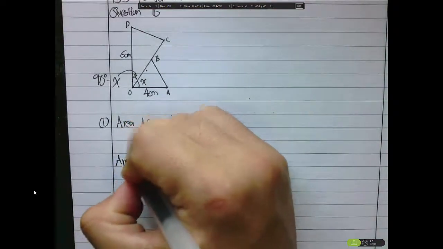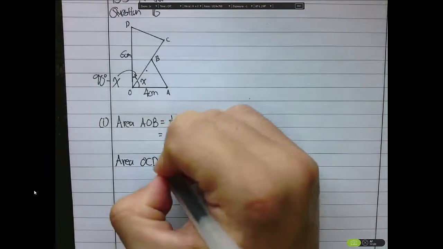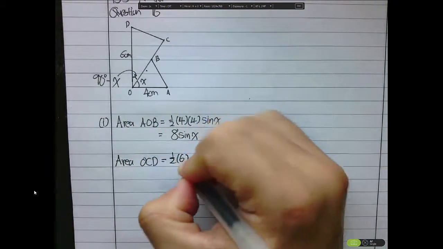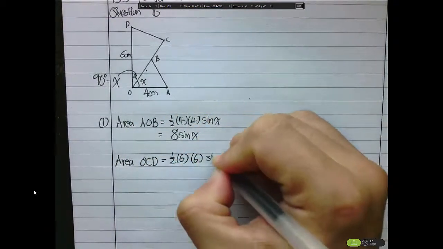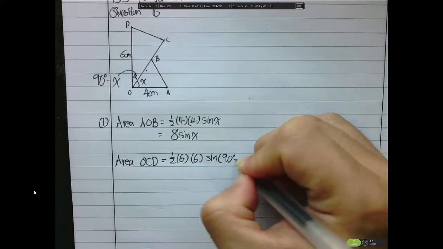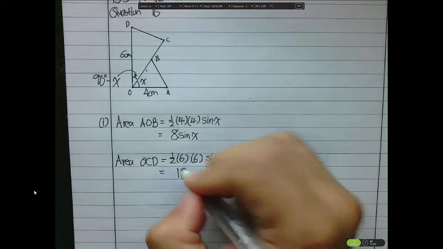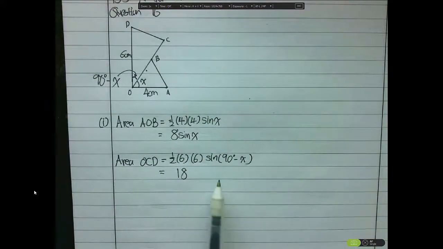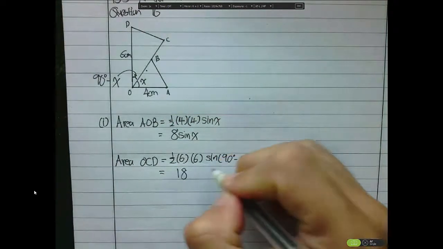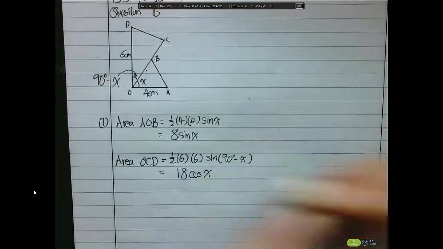And the area of OCD is equal to half AB sine (90 minus x). This is 18. If you remember from our earlier lessons on trigonometry, sine (90 minus x) can be expressed as cosine x.